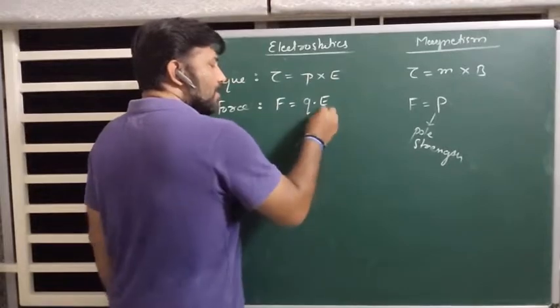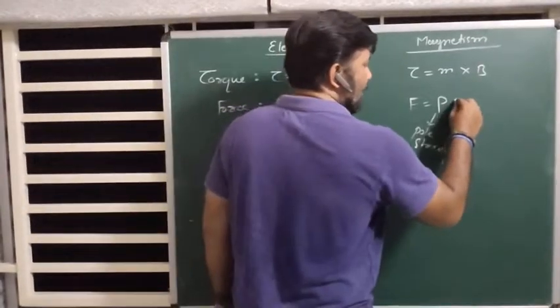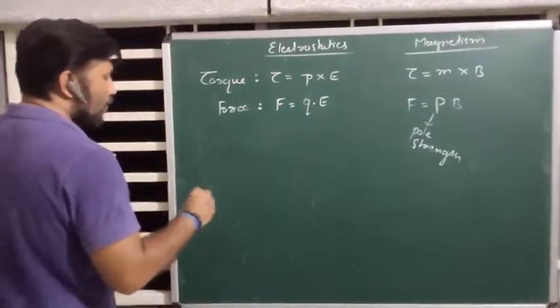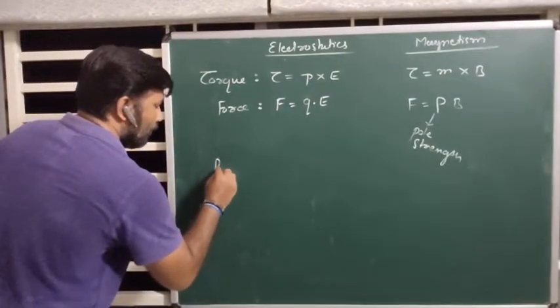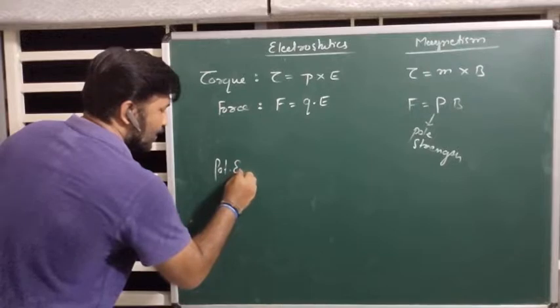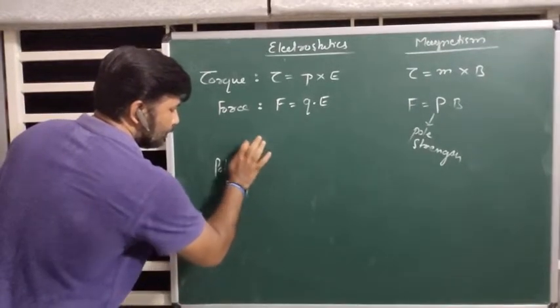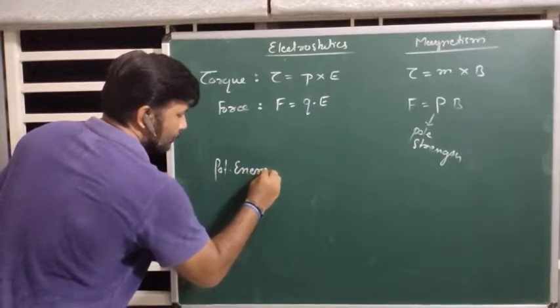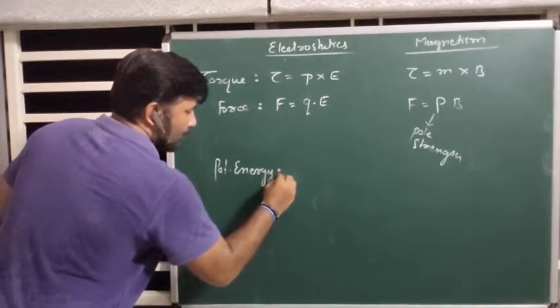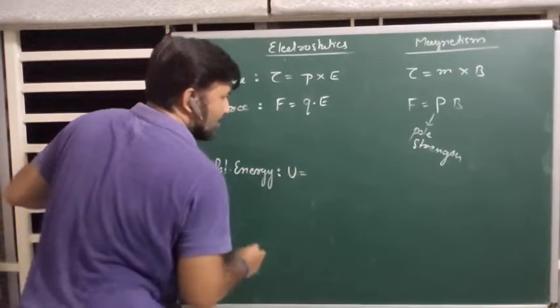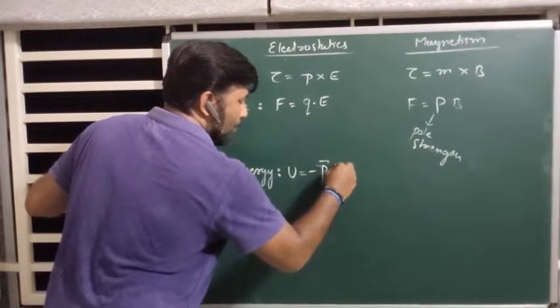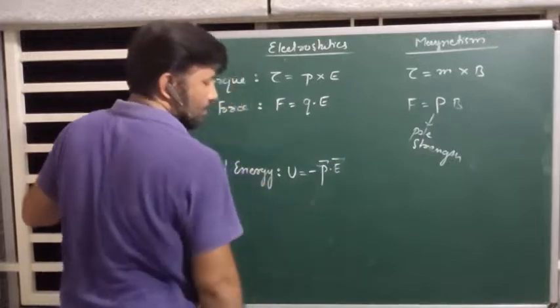Got it? Instead of E, there will be B. Okay? Now, one more equation, of potential energy. That is, U is equal to minus p dot E.